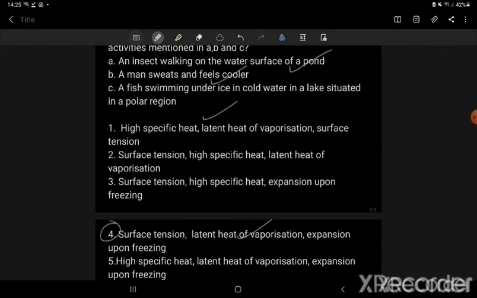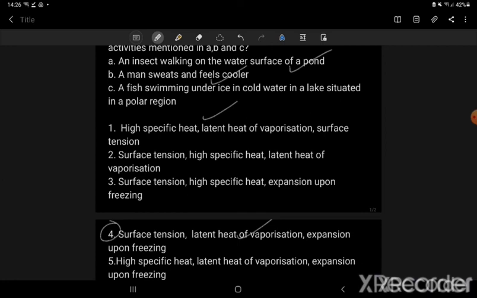The third statement, a fish swimming in cold water in a lake situated in a polar region. When you have the lake, the top surface of the lake is actually filled with ice, so the ice layer floats on liquid water.